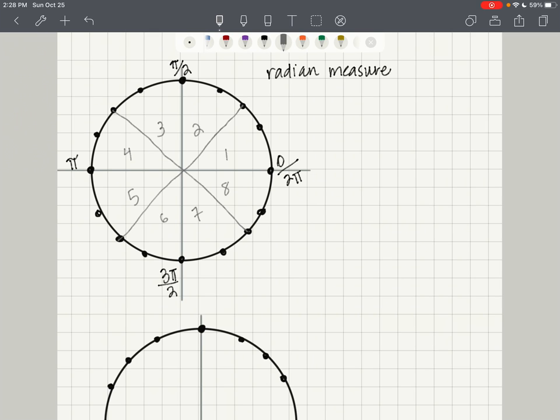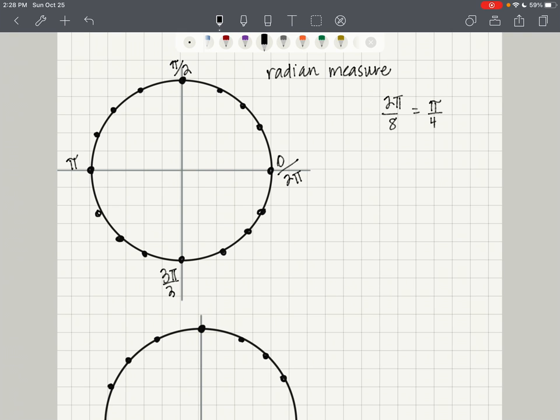Actually, 8 pieces of 2 pi. That's kind of funny, isn't it? Okay, 8 pieces of 2 pi. 8 pieces of 2 pi is 1 pi over 4.